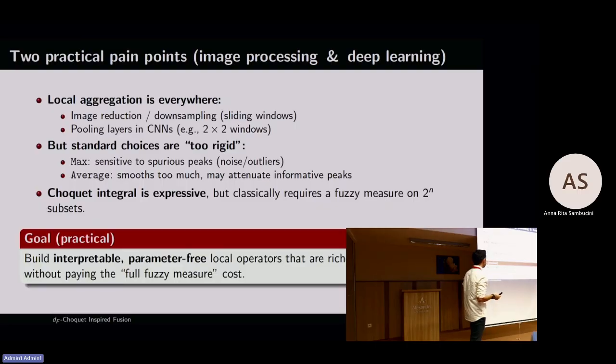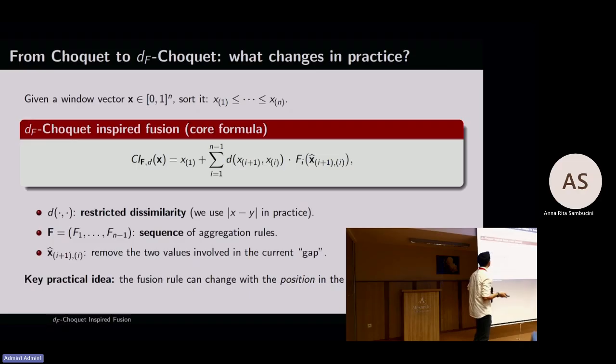In other cases, the traditional Choquet integral could be a good option, but you have to compute the fuzzy measure, and it could be very computationally expensive. That's why we are looking for another option, which is more flexible and interpretable than maximum and average, and also easy to compute compared to the traditional Choquet integral.